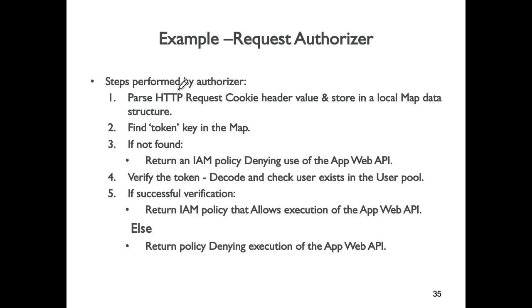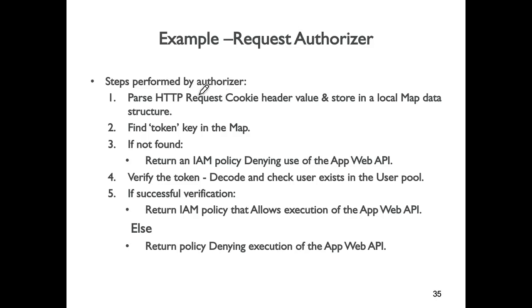The first thing it has to do is extract the token from the cookie headers. In general, there could be more than one cookie in the cookie header that comes with an HTTP request.